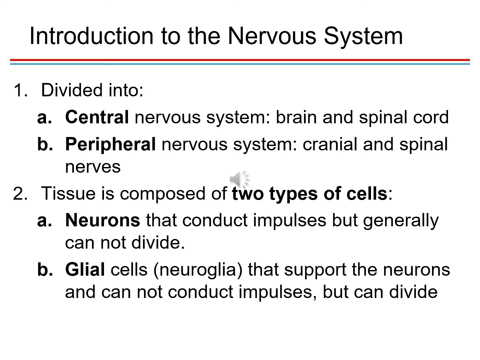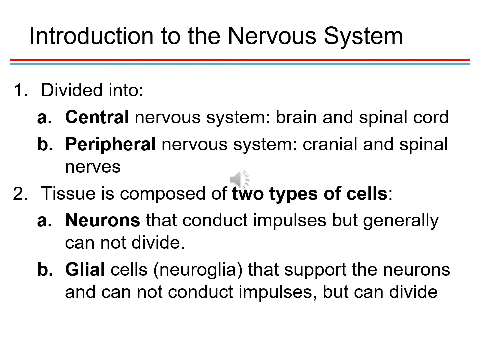Now, in this tissue, we find two different cells: the neurons and the neuroglia, also called glia. The neurons have the function to conduct impulses or electrical activity. And in general, in 99% of the cases, the neurons cannot be divided. They cannot be reproduced.